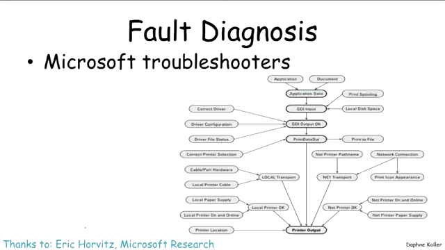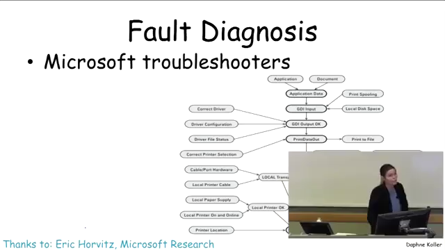And then finally, fault diagnosis has been a much more direct application of these systems, because here we don't have an issue of how doctors typically do their diagnostic pipeline. Within the Windows operating system, there are thousands of these little troubleshooters that help you diagnose problems with your printer, with Excel, with your email, and each of these has a little Bayesian network inside that answers probability questions given observations about the model, in this case, for example, the printer.